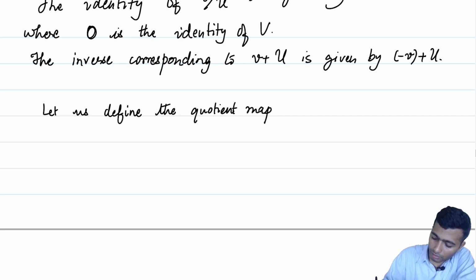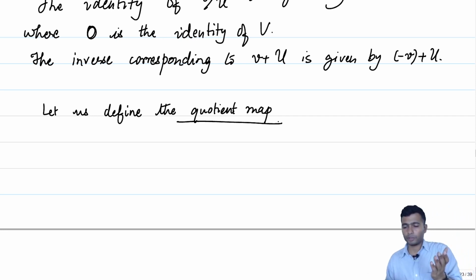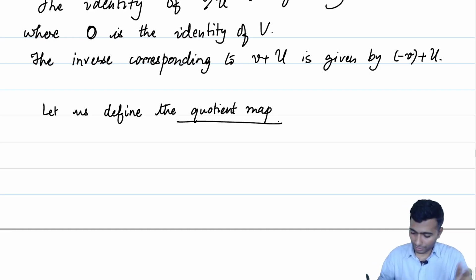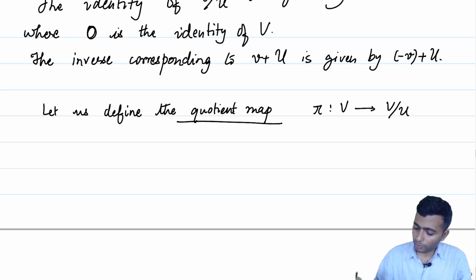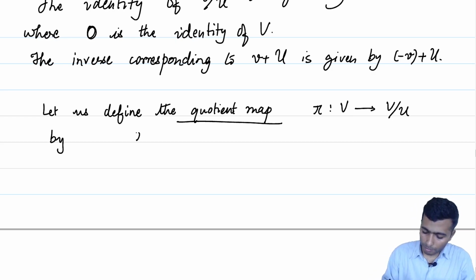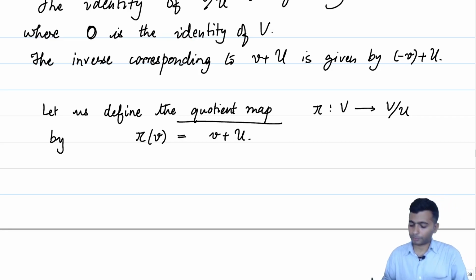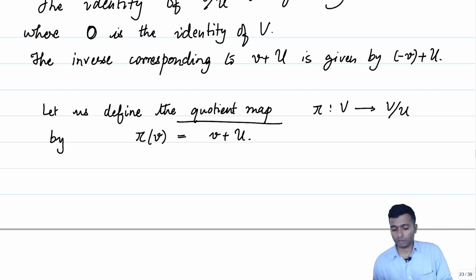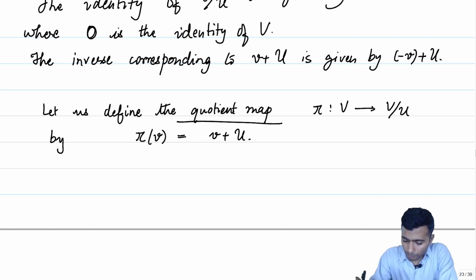Quotient map, in some sense it is going from V to the quotient of V by U. Well, it's not that way, but maybe the name originated that way. So let's define the quotient map pi from V to V mod U by pi of v is equal to v plus U. Again, there is a question of whether pi is a linear map.